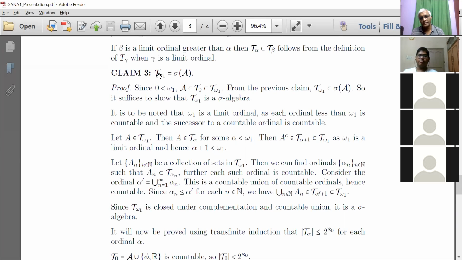So remember that omega 1 is the first uncountable ordinal.